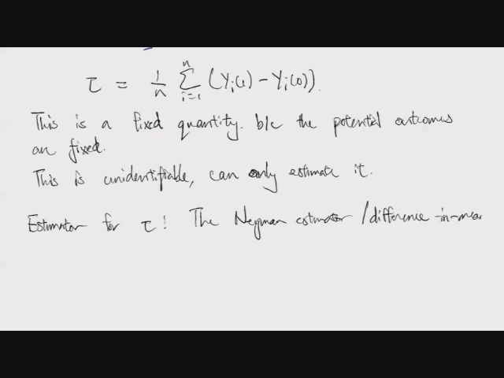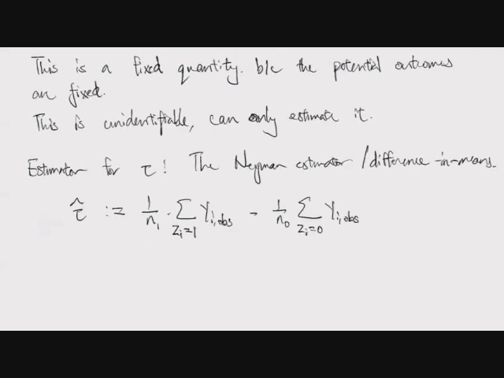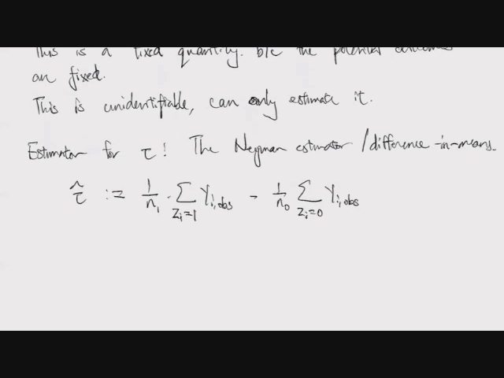It's denoted tau hat, and it's defined to be 1 over n1 times the sum of the observed outcomes for all units i with z_i equal to 1, so all the treated individuals, minus 1 over n0 times the sum over all of the control individuals of their observed outcomes. All right, so this is the definition. And the remark is that tau hat is also the sum of the potential outcomes because of the way we set up the assumptions of our randomized experiment.